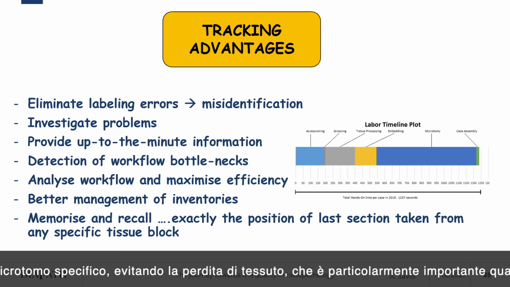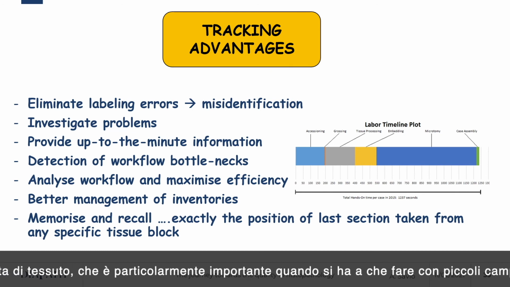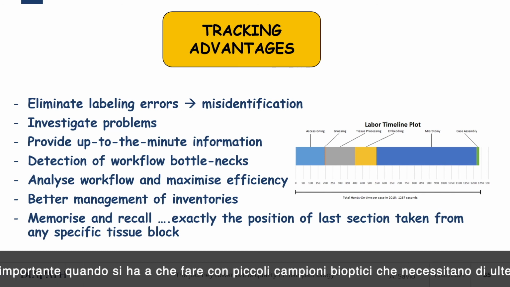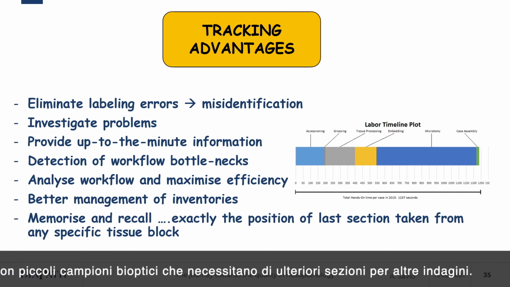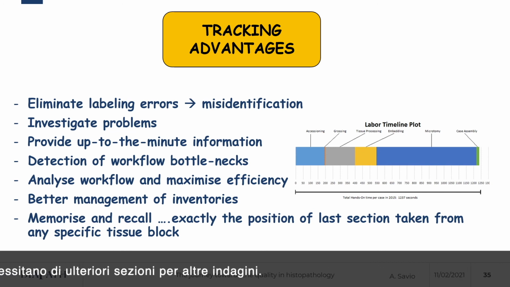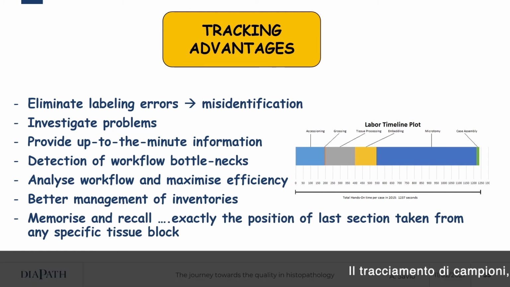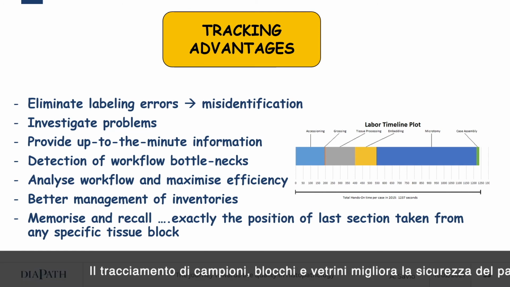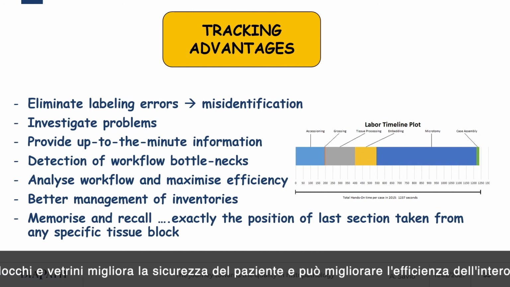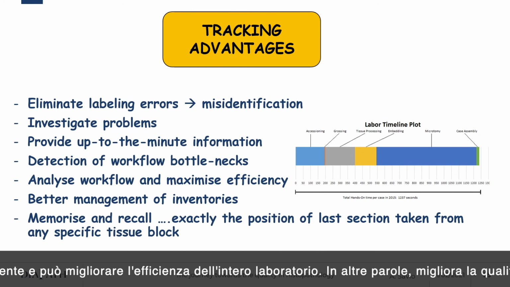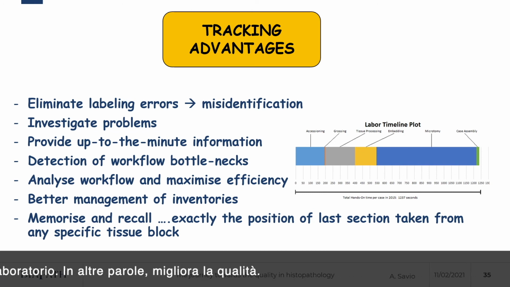For example, you can recall the exact position of a tissue block when the last slide was cut on a specific microtome, avoiding loss of tissue, which is especially important when dealing with small biopsy specimens needing further sections for additional investigations. Tracking of specimens, blocks and slides promotes patient safety and can enhance the efficiency of the entire laboratory. In other words, it improves quality.